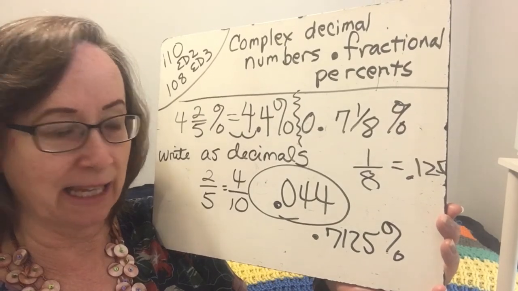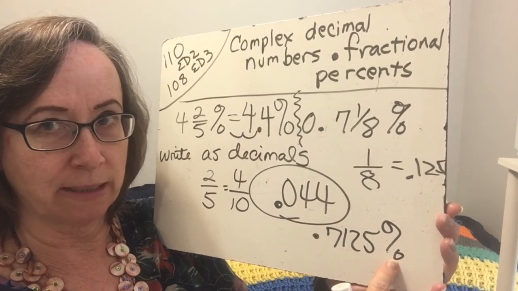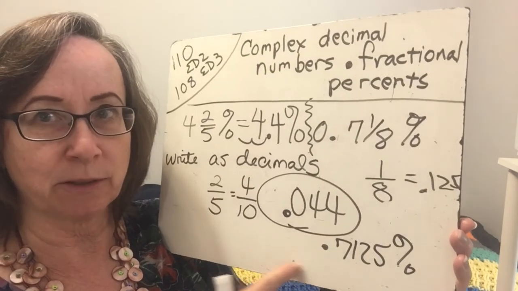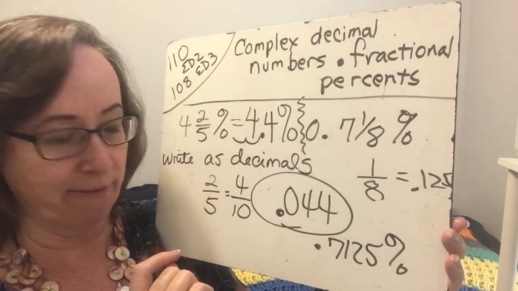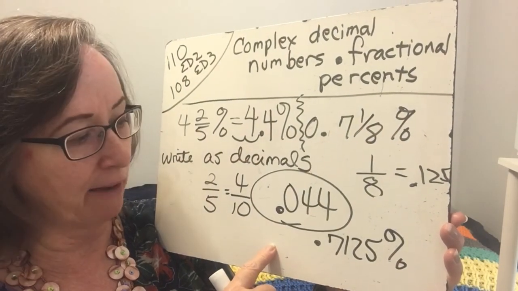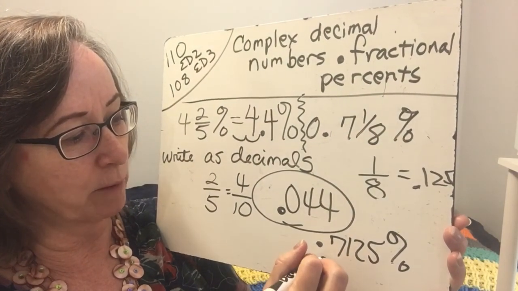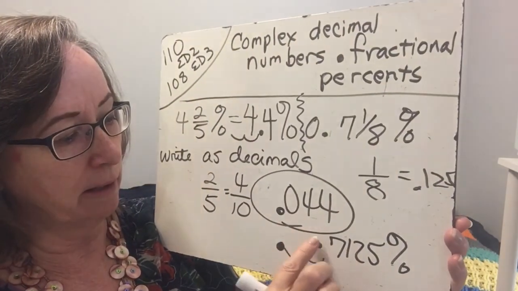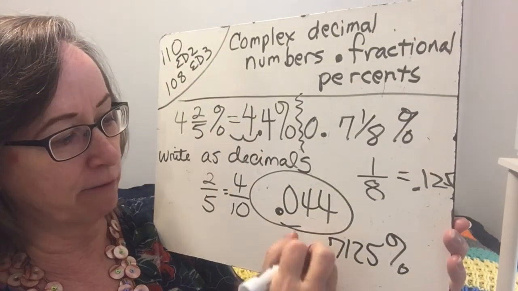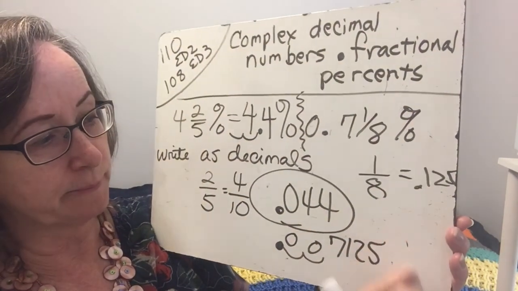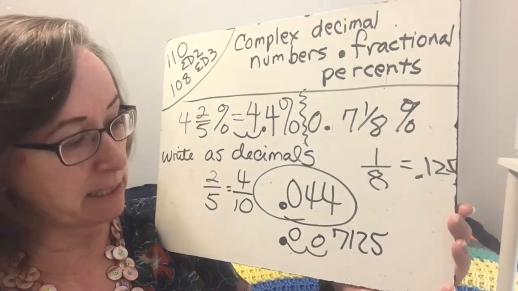And lastly, we take that percent, which means divided by 100, and we move that decimal 2 places to the left. Now, when we move that decimal 2 more places to the left, then what's going to happen? We're going to have 1, 2. The decimal will go here, and aren't we going to have to fill in with zeros? So our final answer, got to take that off now that we move the decimal.